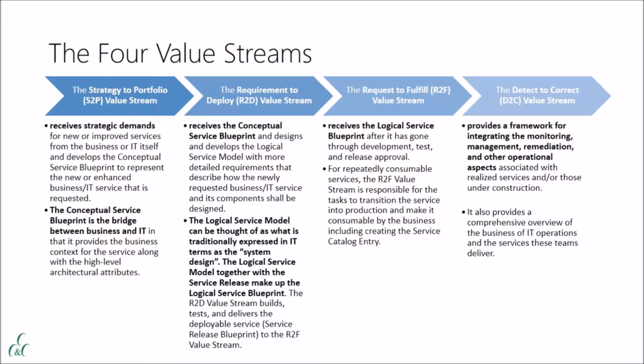Request to fulfill takes the logical service blueprint, which has been developed, tested, and the release packages have been created, and request to fulfill describes the processes, a standard set of ways of working in which you can put things into production in a repeatable way based on reusable services and interface with all of the consumers of those services.